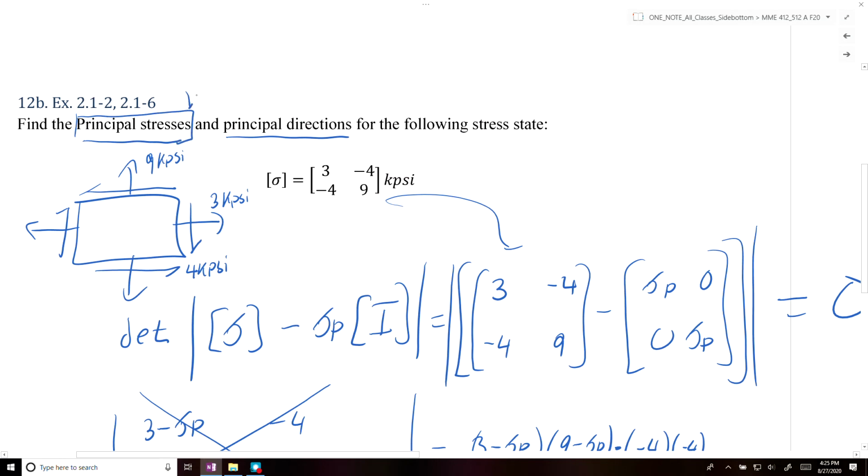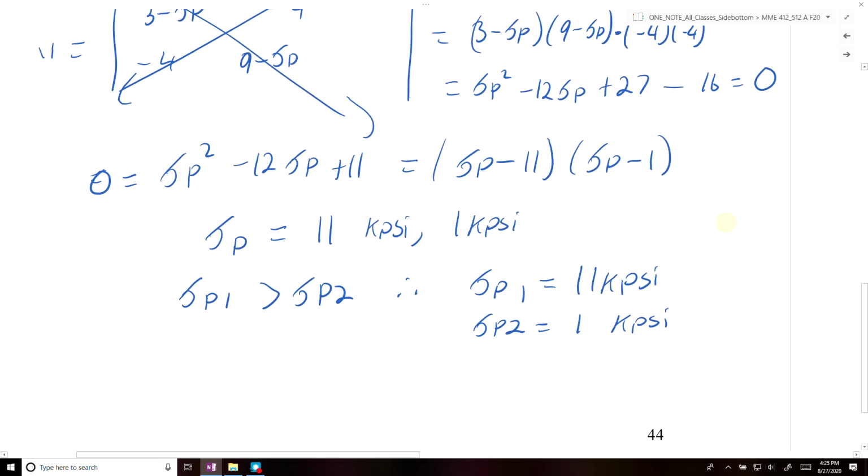Going back to the problem statement, we were asked to find the values of our principal stresses. We did that. Now we're going to find our principal directions.